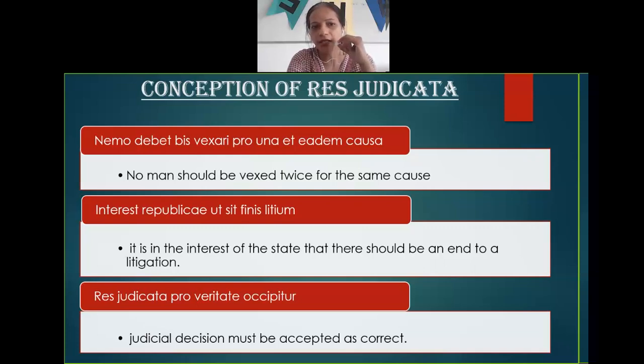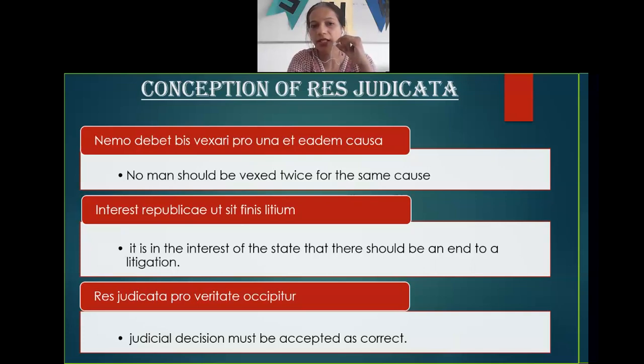Another is interest reipublicae ut sit finis litium. It means what? It is in the interest of the state that there should be an end to the litigation. Third one is what? Res judicata pro veritate accipitur. What does this mean? Judicial decision must be accepted as correct.